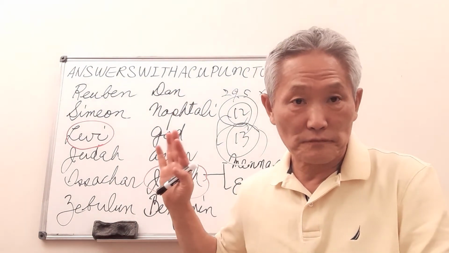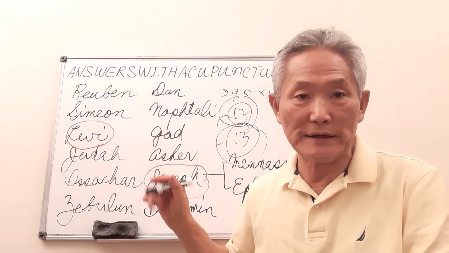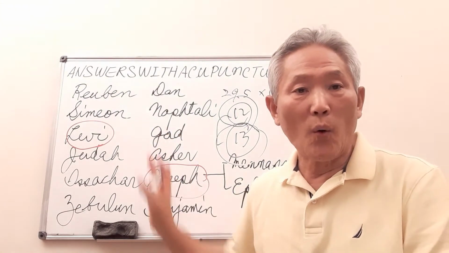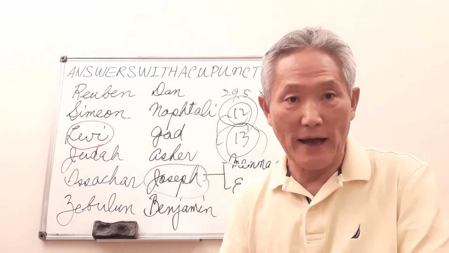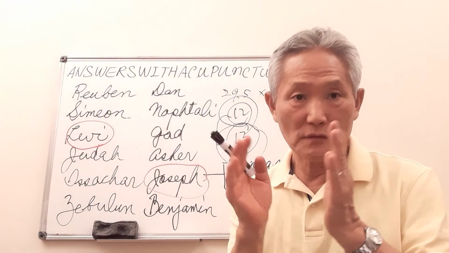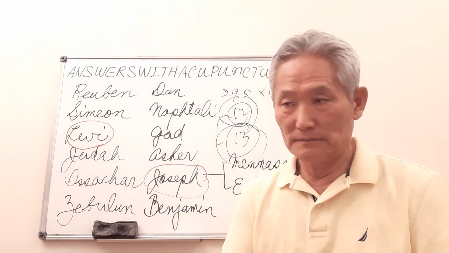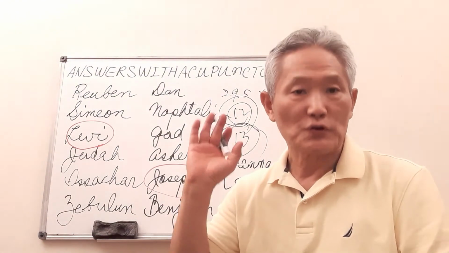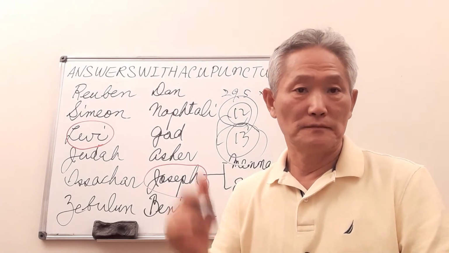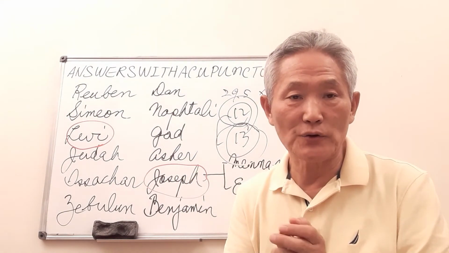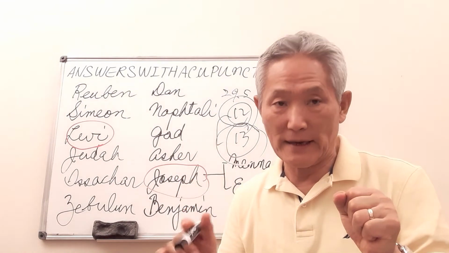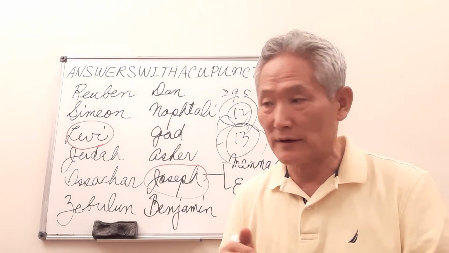So what I believe is that all those tribes show something from the lunar calendar changing into the solar calendar. So the nation of Israel used the solar calendar and the lunar calendar together.